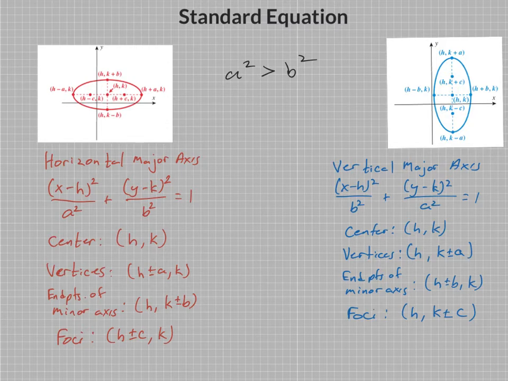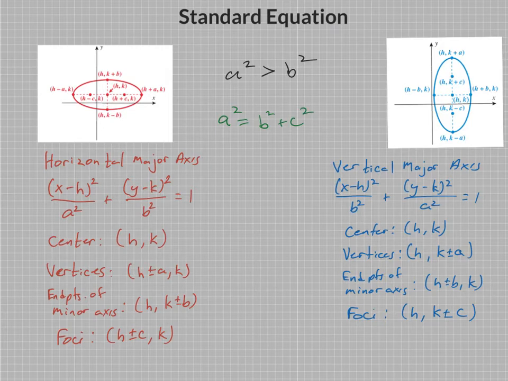And what you have on that is that a squared will always be equal to b squared plus c squared. That will always be the case.